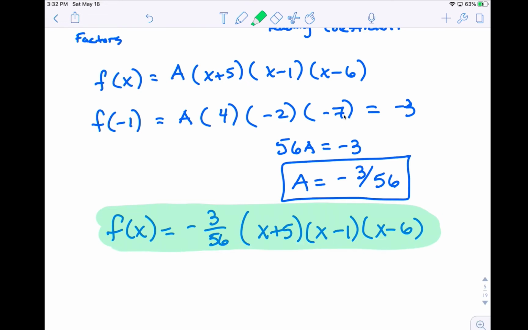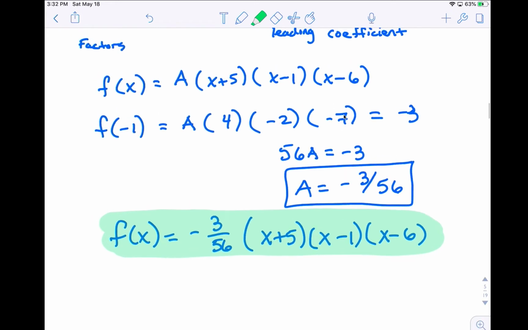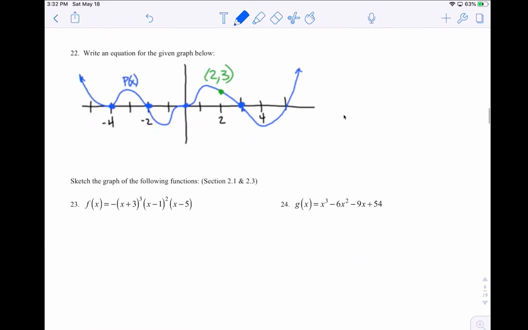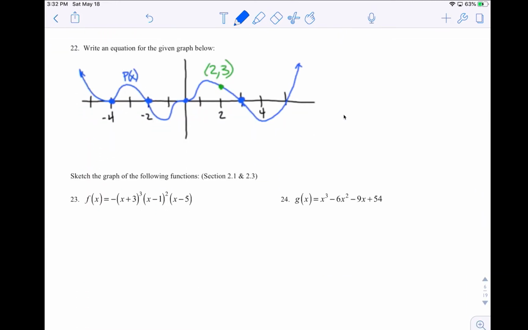All right, so don't forget that you need to figure out your leading coefficient as well. Okay, so 22 says write an equation for the graph below. So this is kind of similar to the last one, except we have to come up with our roots now.